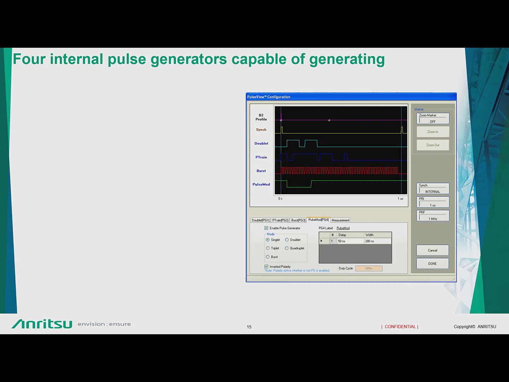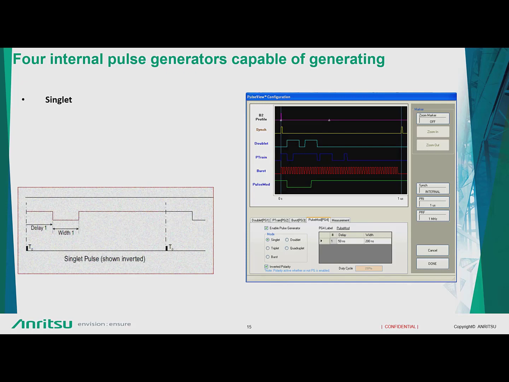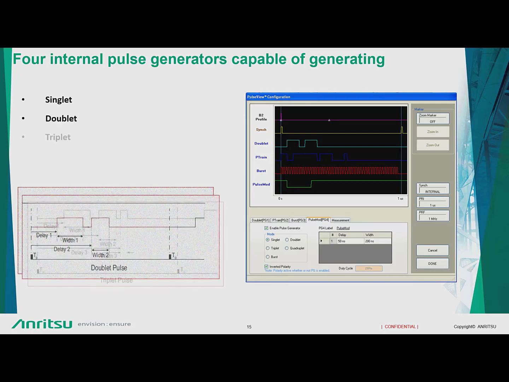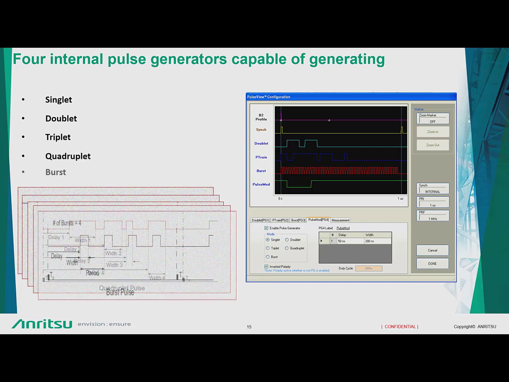I can send a pulse train, a doublet, a singlet, a pulse mode, and burst mode as well. And the profile is basically the measurement profile. As I said, you can send in a singlet, a doublet, a triplet, a quadruplet, and in fact a burst as well. So you get the pulse generator in the VectorStar by default.